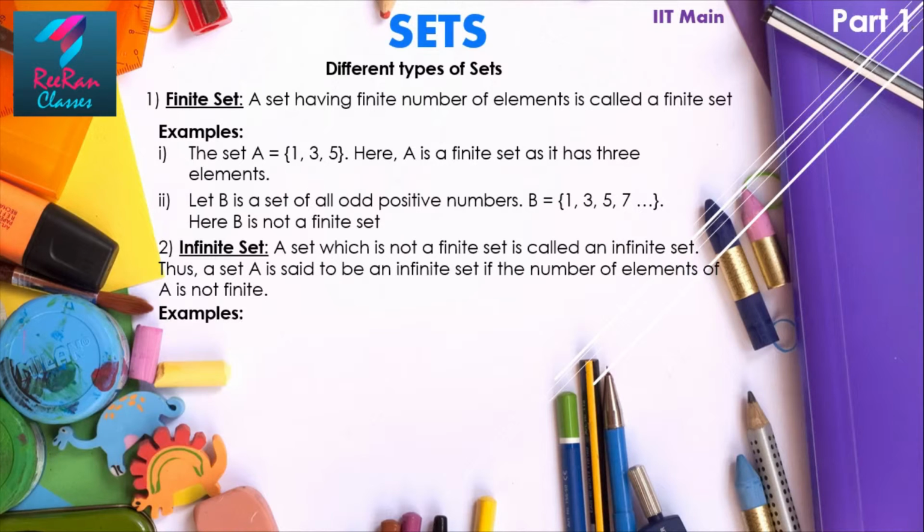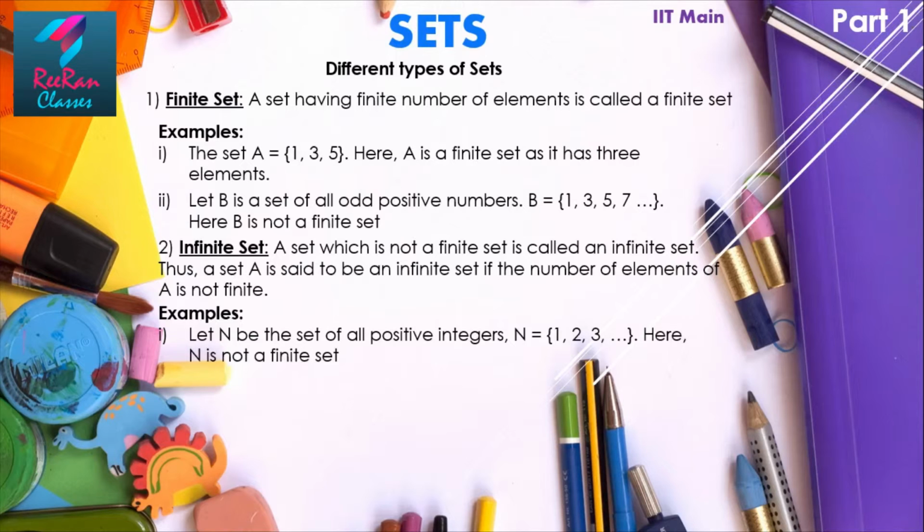For example, let N be the set of all positive integers. So N is equal to {1, 2, 3, ...}. Here N is not a finite set. Hence, it is an infinite set.